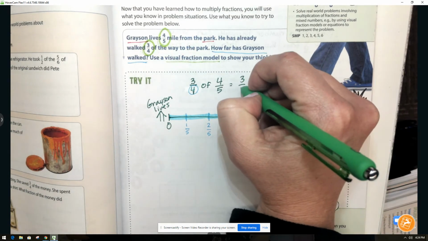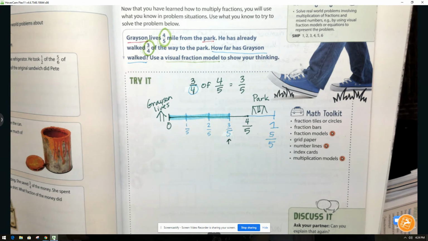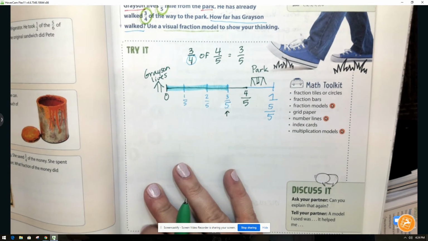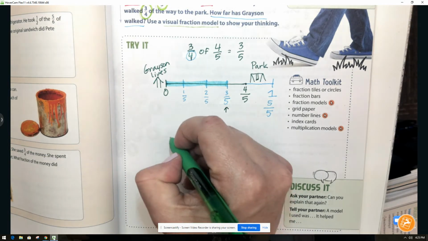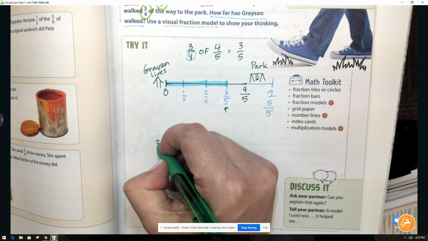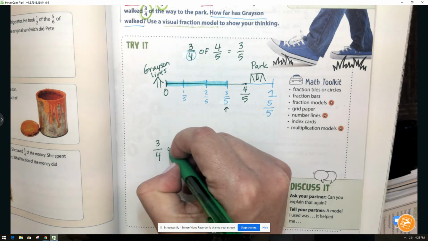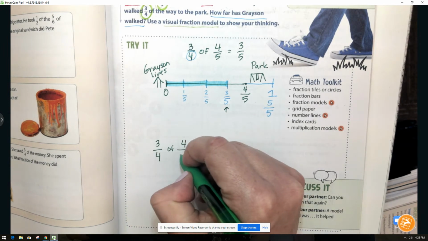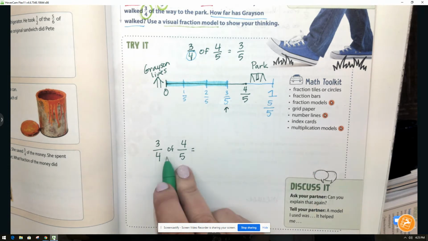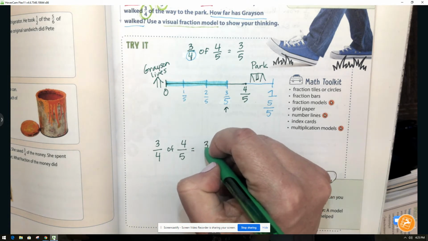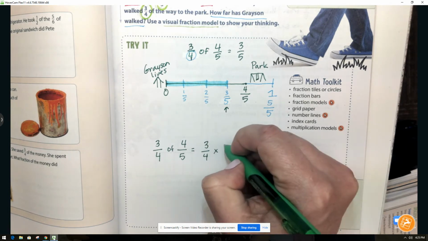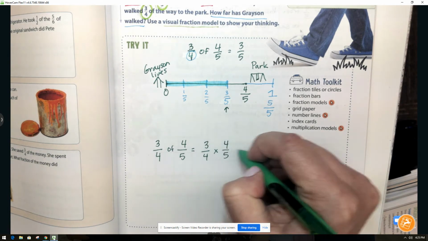Now, if I were doing that as an equation, let's see what that looks like, because I wonder if an equation would look the exact same. So if I'm trying to solve 3/4 of 4/5, remember that of means multiplication. So the equation is, what is 3/4 times 4/5?